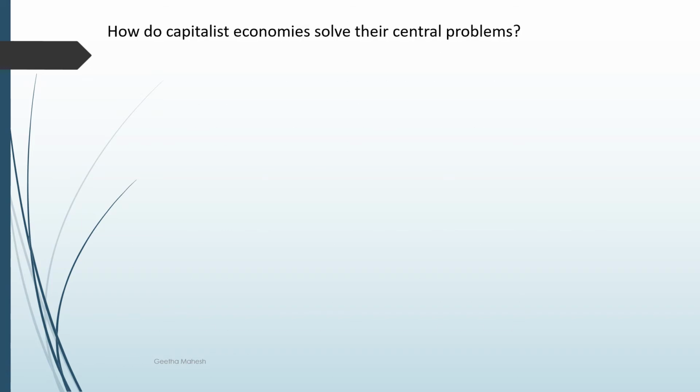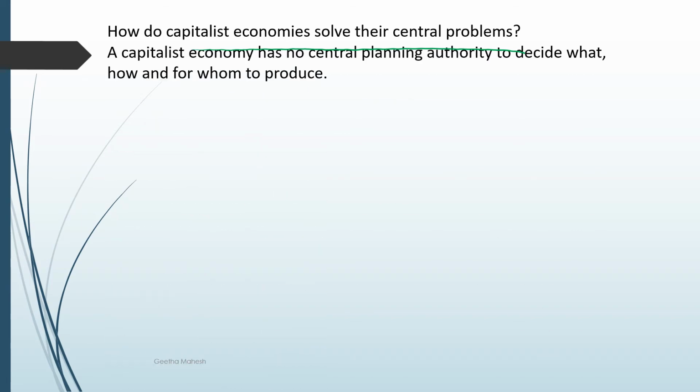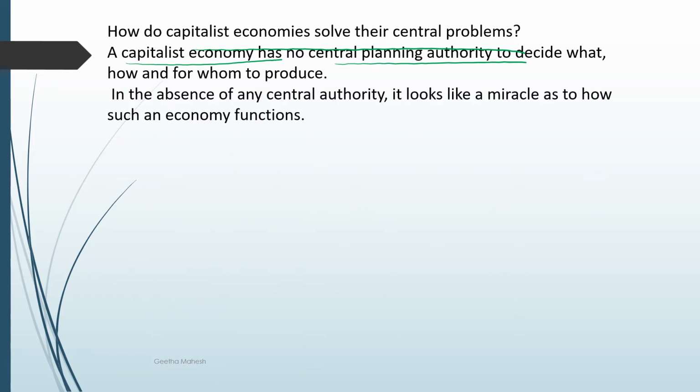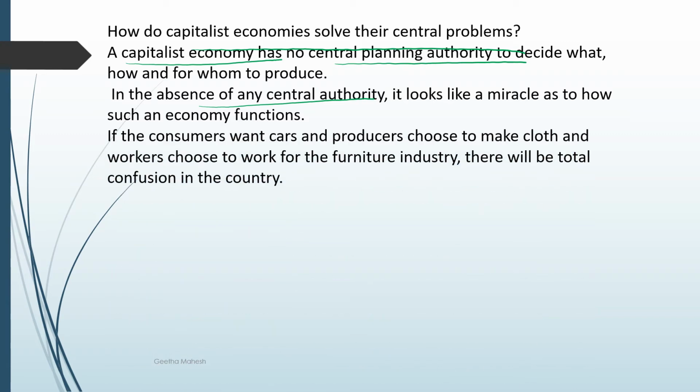Dear students, do you know how capitalist economies solve their central problems? In a capitalistic economy, there is no central planning authority to decide what, how and for whom to produce. When there is an absence of any central authority, it looks like a miracle how such an economy functions.